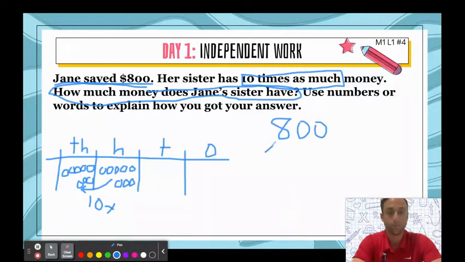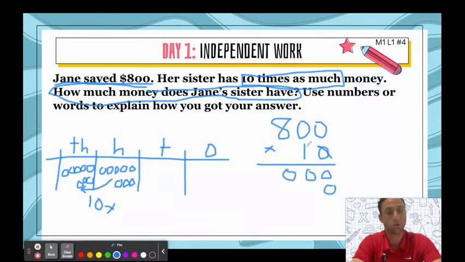Let's see how I could use multiplication to help me represent this answer too. 800 times 10. Sometimes we could use the zeros trick here, but I'm going to show you the standard way of how to multiply. Anything times 0 is 0. So 0 times 0 is 0. 0 times 0 is 0. 0 times 8 is 0. Now that I'm done with this 0 in the ones place, I'm going to cross it out and put it right here as a placeholder to represent the value of the ones place.